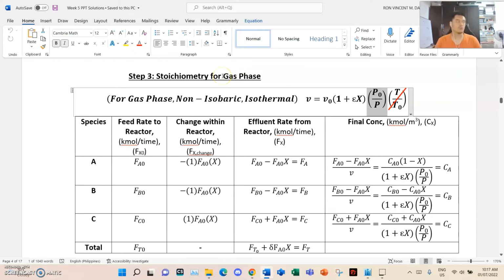However, since we're referring to a gas phase reaction, meaning that there is a possibility of compressibility, since the reactant is in gas phase itself, we'll retain the pressure difference ratio. But for the temperature ratio, since we already set the operation as isothermal, this one is essentially equal to 1.